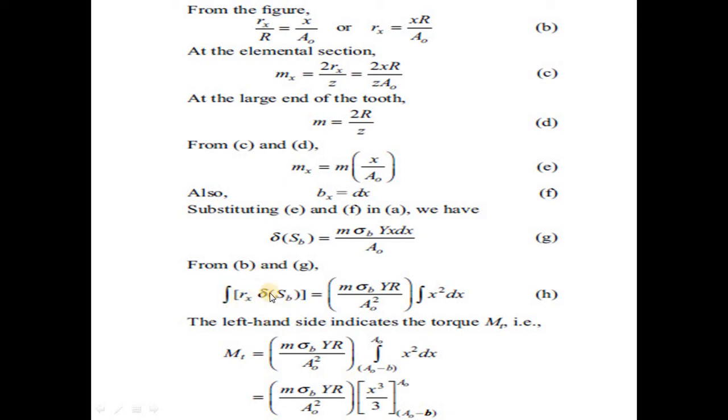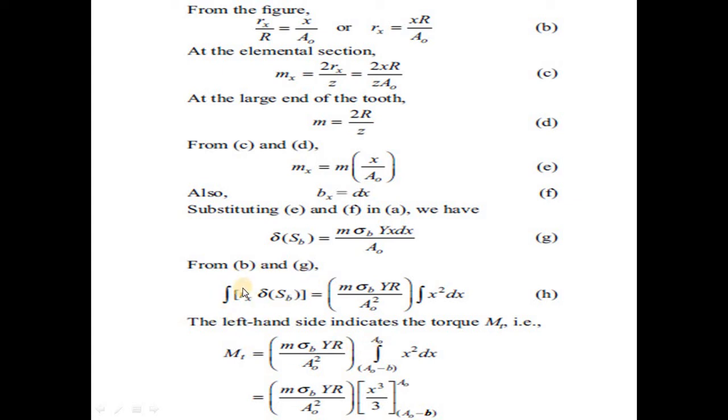That's why here we can consider that as the delta MT value, and again for the same stage we take the integration with limits, considering lower limit to upper limit. Here consider A naught minus b to A naught. This is the lower limit and this is the upper limit, taking integration on both sides.